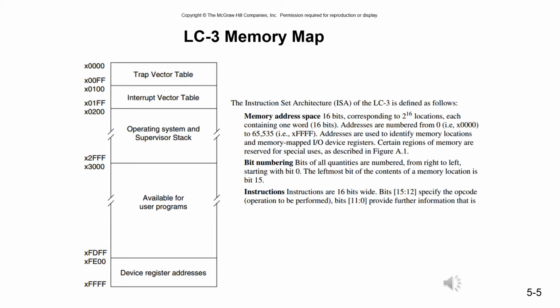And like I mentioned, every single part of this memory map will be covered in significant detail. And you'll understand what a trap vector table is, what the interrupt vector table is, operating system, supervisor stack, and the device register addresses. They will all be covered in very, very significant detail as we move forward through the course.